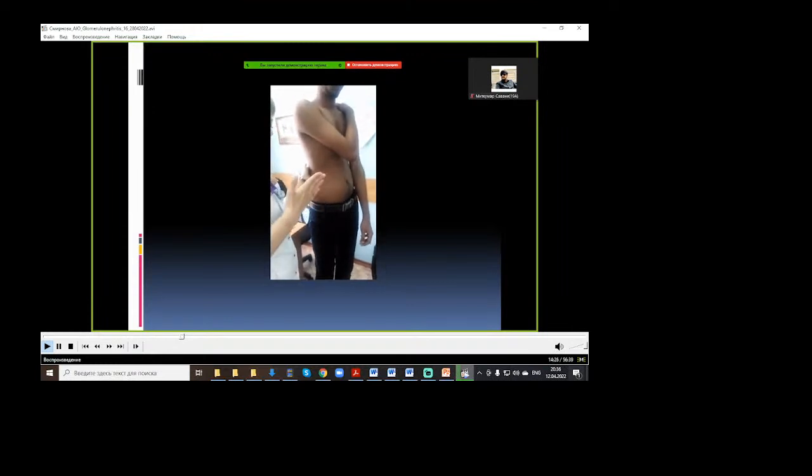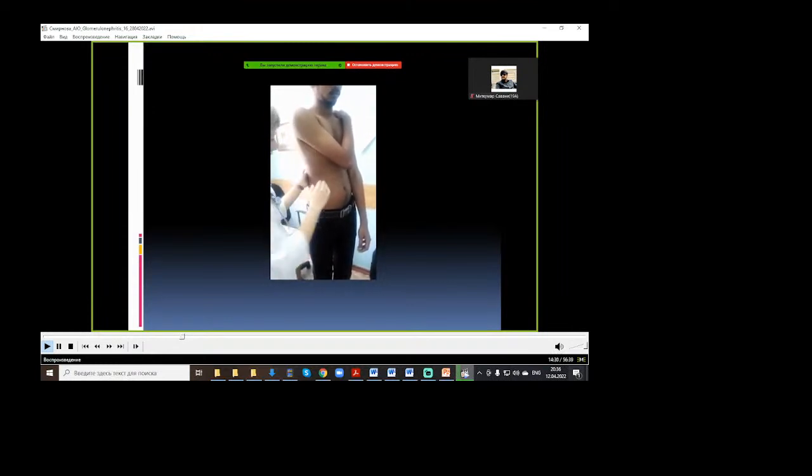We put the hand here, with slightly bent fingers, and ask our patient to inspire and expire. Inspiration, expiration, deep in, inspiration, expiration, deep in, a small inspiration, stop, ballottement, and traction.